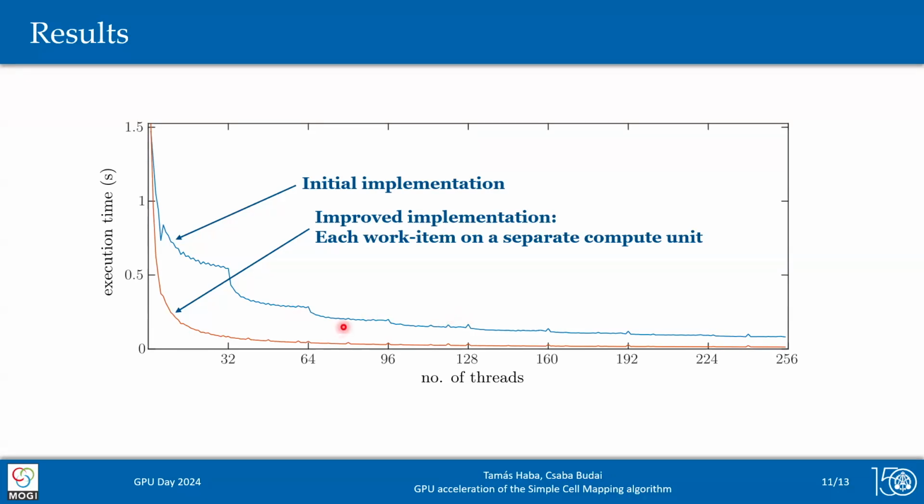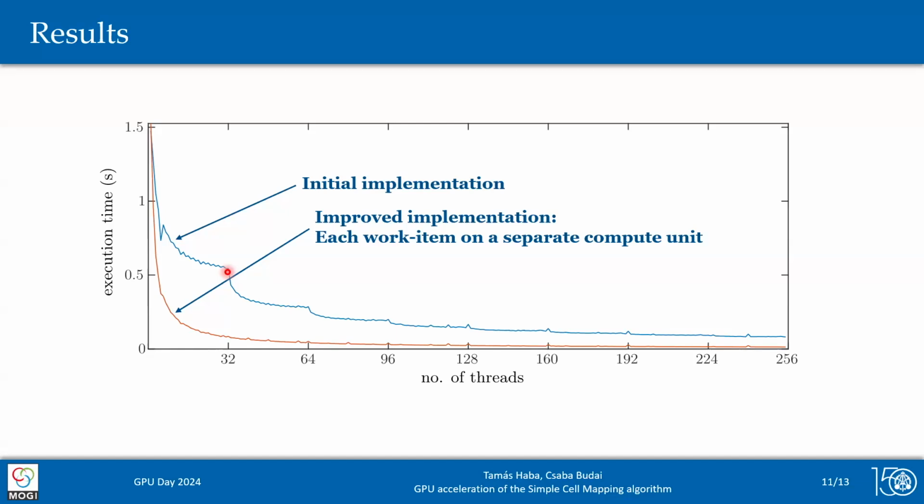It happens to be the case that on this platform, a compute unit can execute 32 work items, and when the number of work items equals 32, this is when they are blocking each other the most.